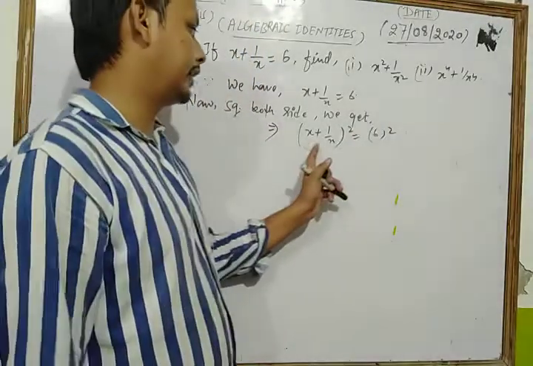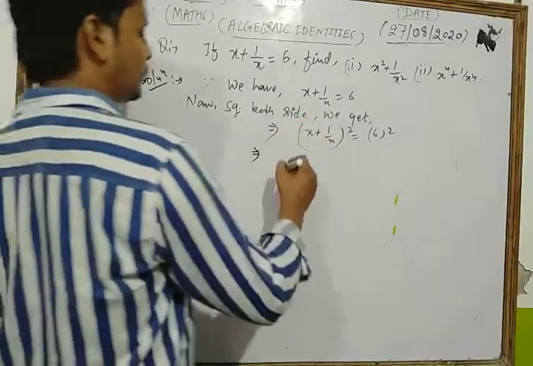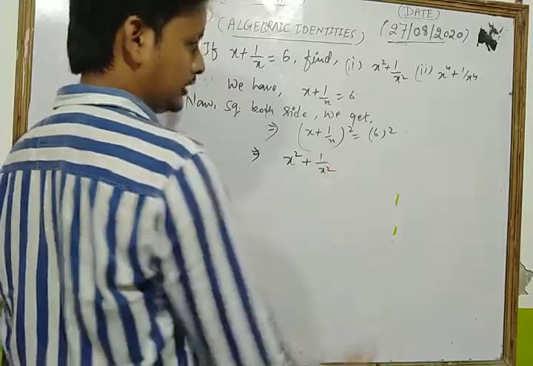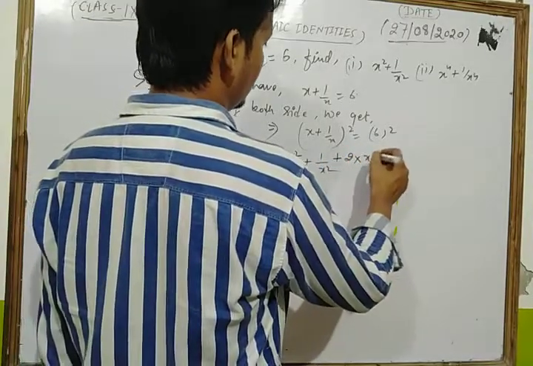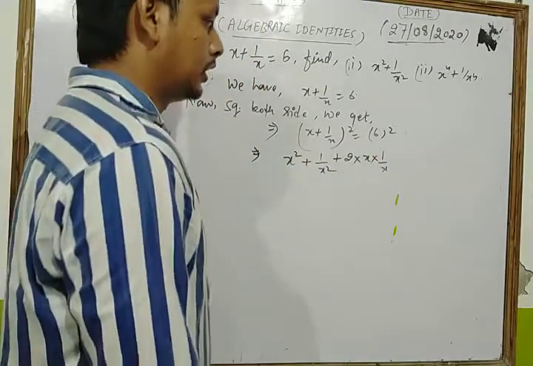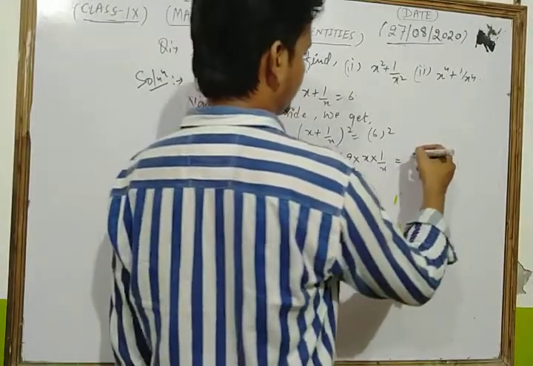After squaring, we get a square, this, b square, this, plus 2ab, that is 2 into a into b, and this is equal to 6 square.